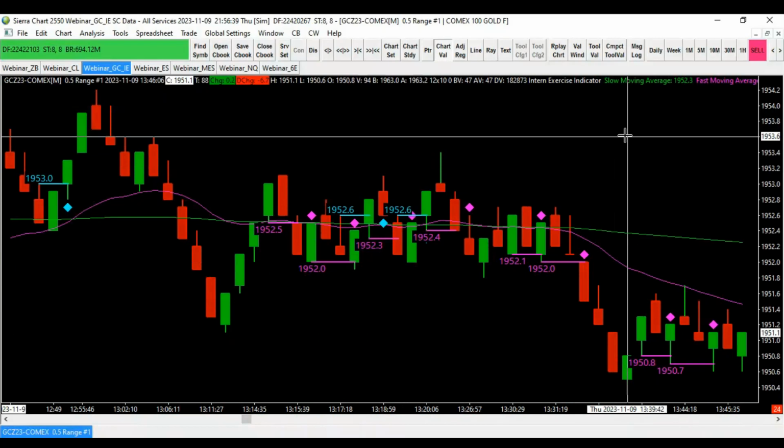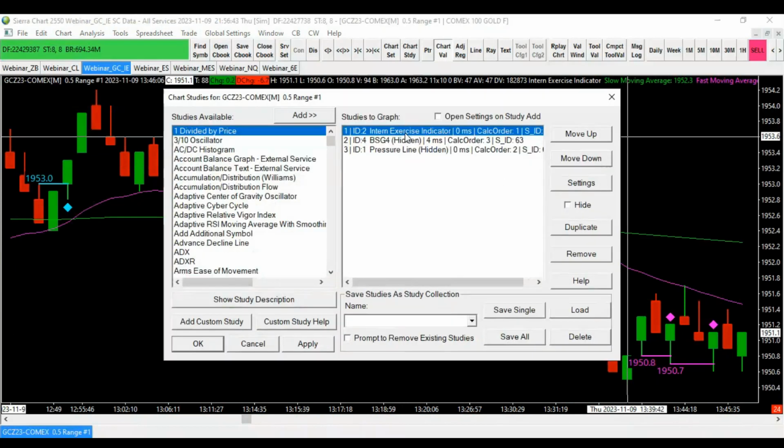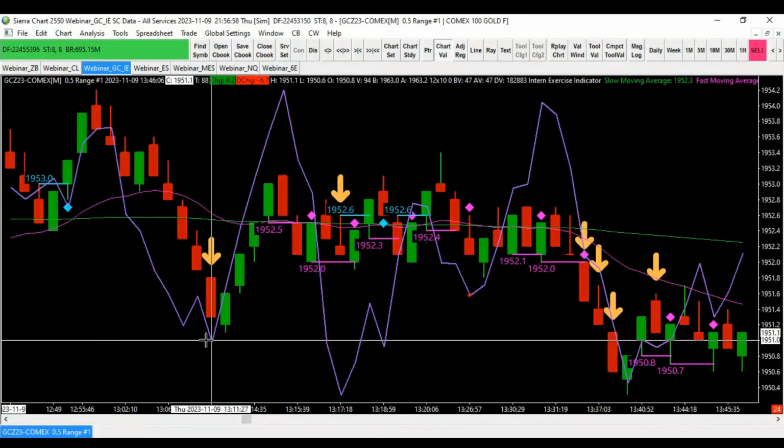Okay, so there are some things you can put on the chart to give you some guidance. One is BSG, which is before she goes, which is the second trade you get after the interns exercise, and the faithful pressure line.